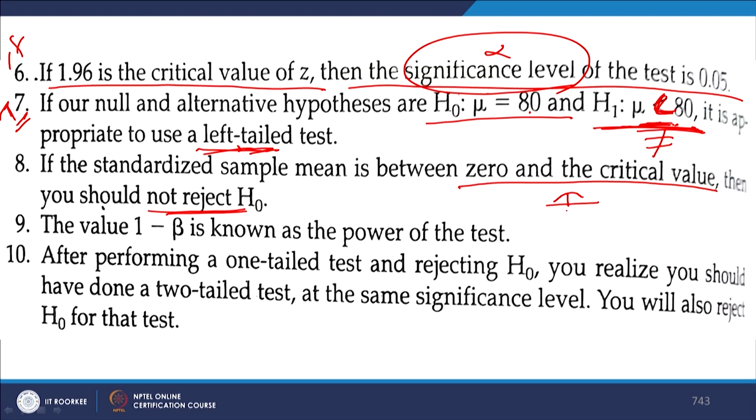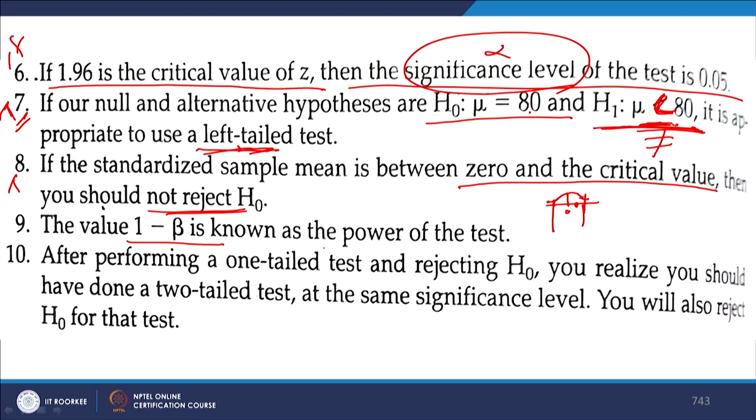This is your 0 value, and let us say this is your critical value, and the standardized sample mean is between these. Then you should not reject the null hypothesis. Yes, this is true. Or say there is one more critical value; these are critical values and your sample mean is in this range.